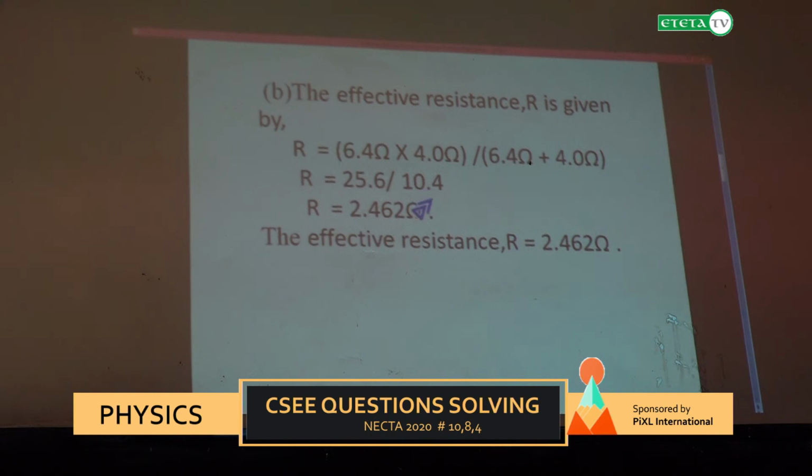Then 6.4 times 4 gives 25.6. Then divide by 6.4 plus 4, which is 10.4. Now if we divide, you get the total resistance or the effective resistance R is equal to 2.462 ohms.